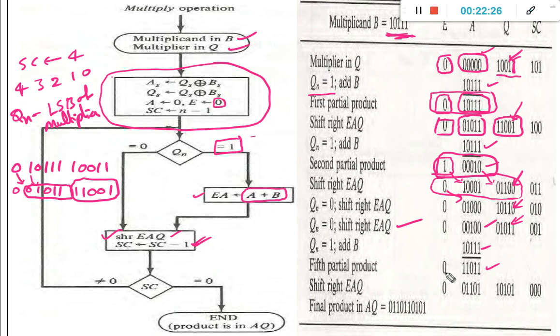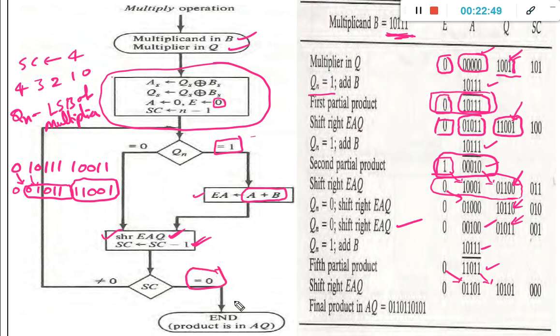So this is the fifth partial product. After getting the fifth partial product, shift EAQ. We have shifted, this 0 will come here, this 1 will come here. So we have shifted successfully. After shifting, the sequence counter will become 0.